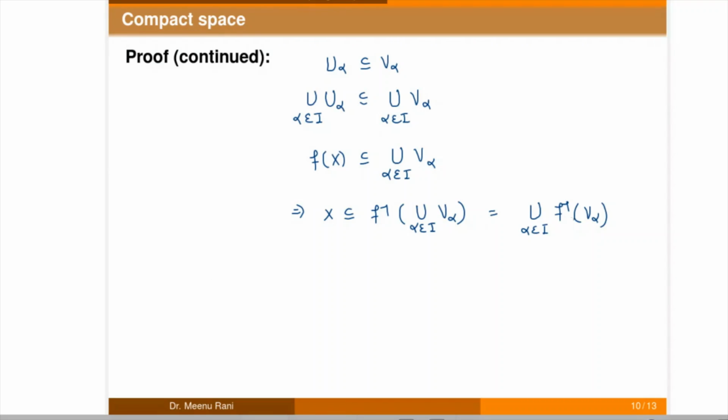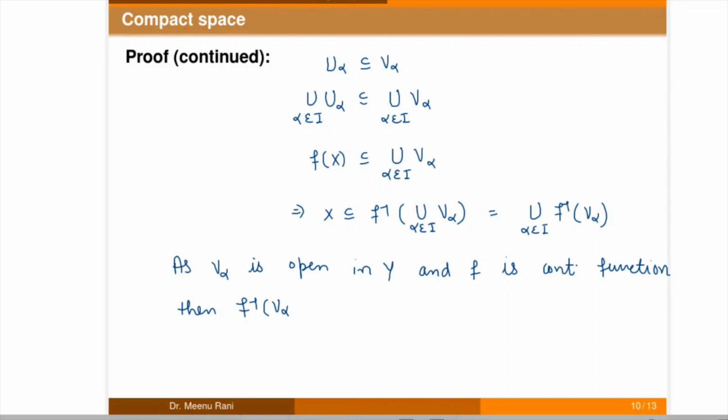Now x is contained in this union, so as v alpha is open in y, and it is given that f is a continuous function, then its inverse image is also open in x. So f inverse of v alpha is open in x. So this set is open, so its union is also open.